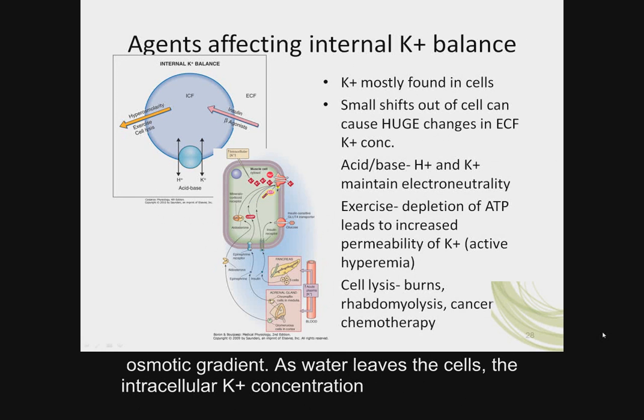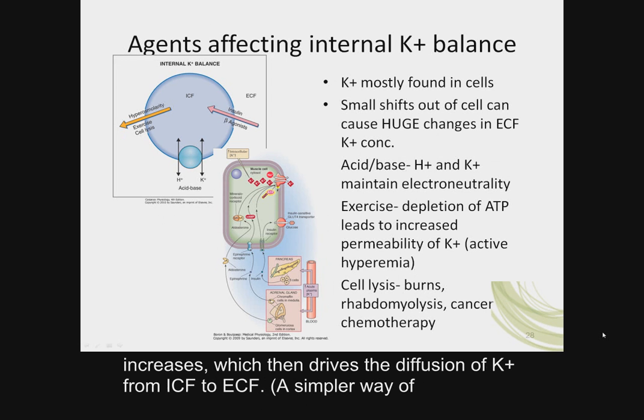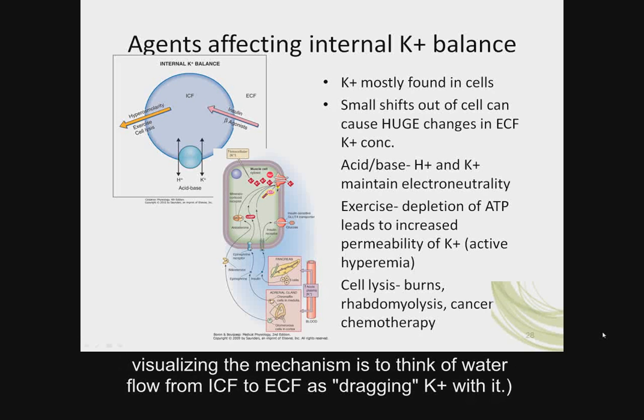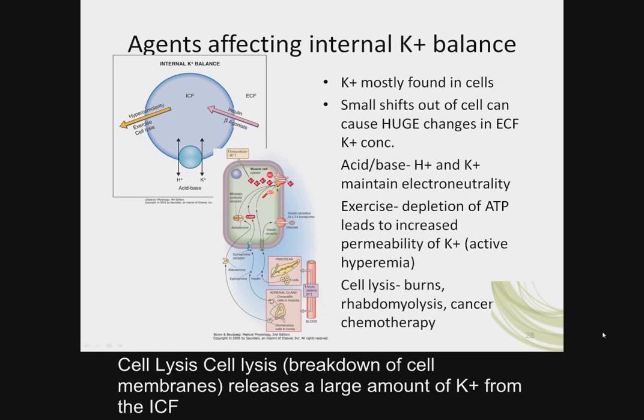As water leaves the cells, the intracellular potassium concentration increases, which then drives the diffusion of potassium from the ICF to ECF. A simpler way of visualizing the mechanism is to think of water flow from the ICF to ECF as, quote, dragging potassium with it.